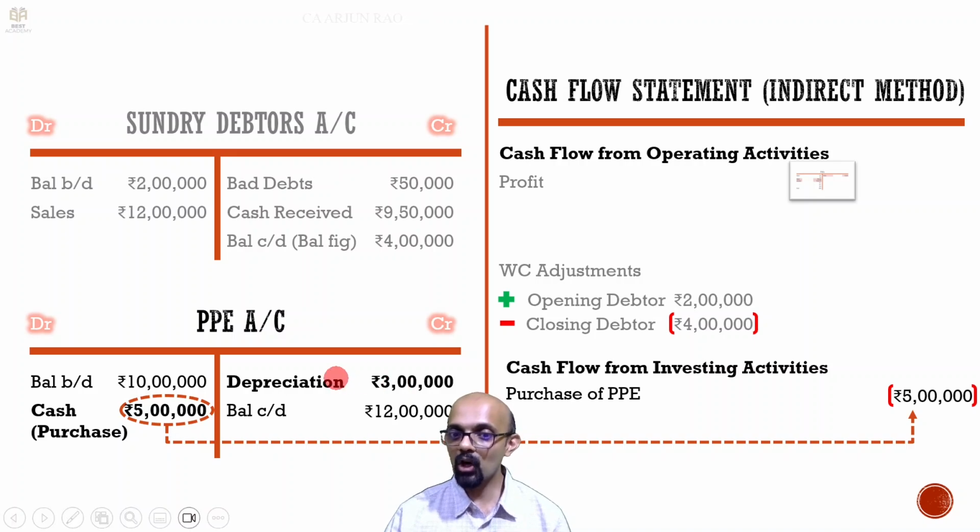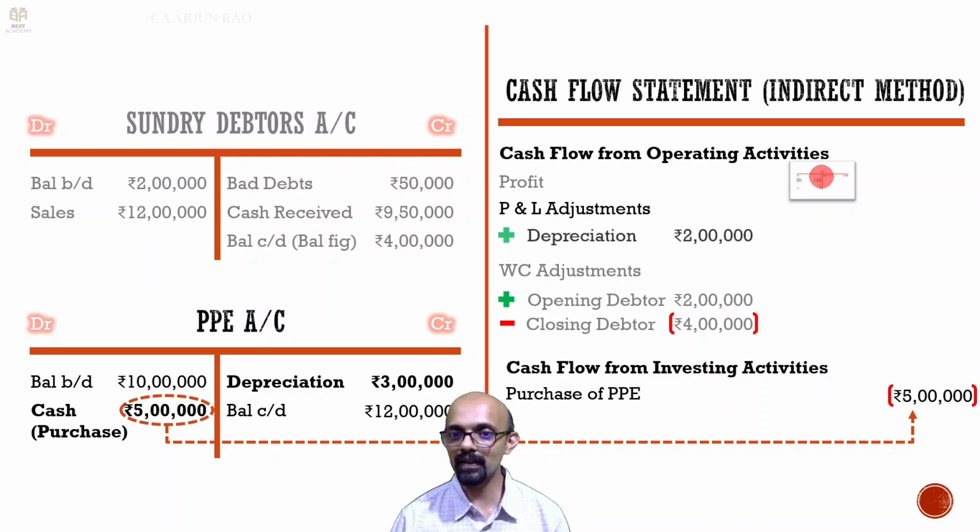So do we want this depreciation here? It is already there. Do we want it? We don't want it. That is why we make a P&L adjustment to this profit. We add back depreciation. So if you just memorize non-cash expenses should be added, then bad debts is a non-cash expense. Will you add that also?